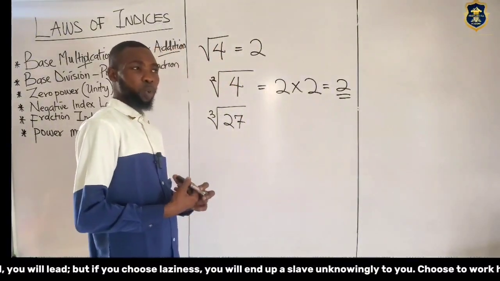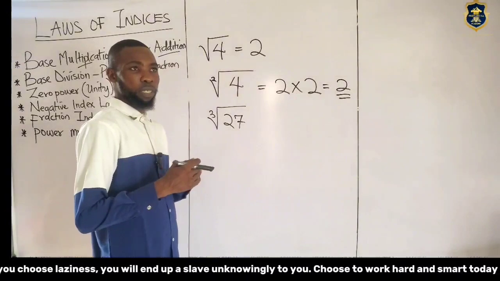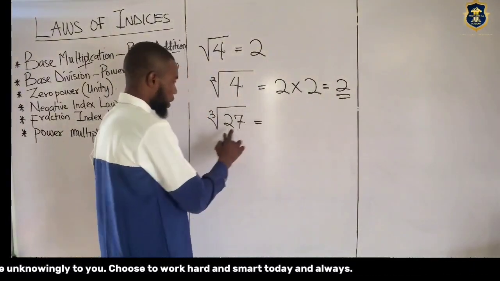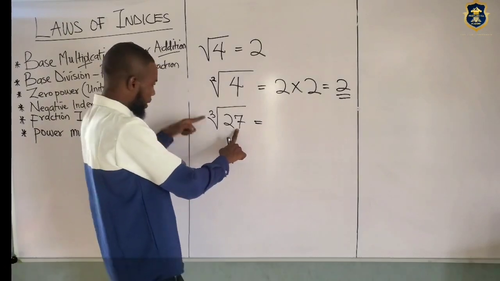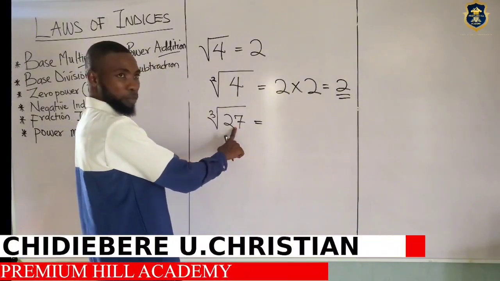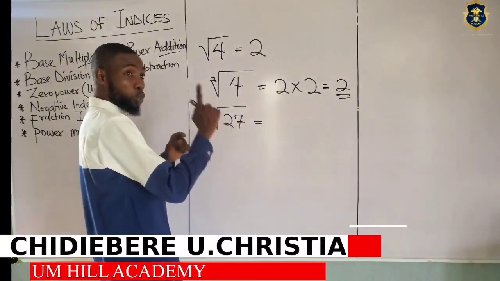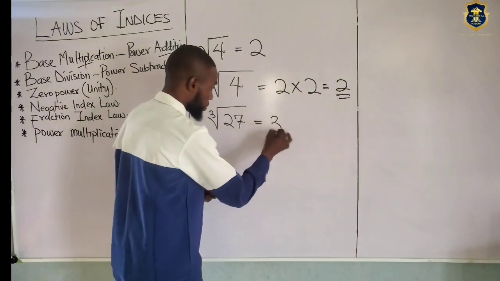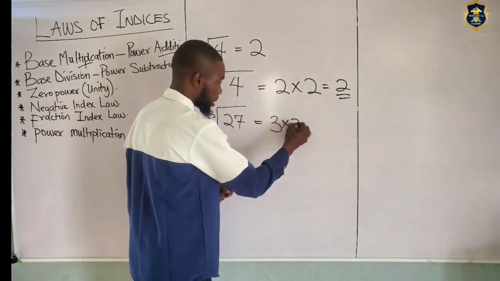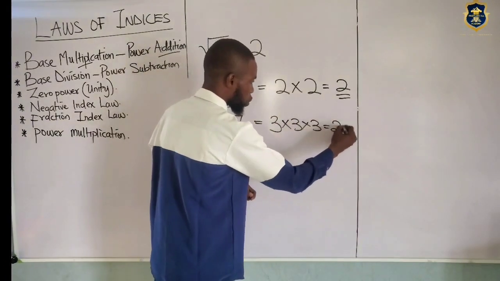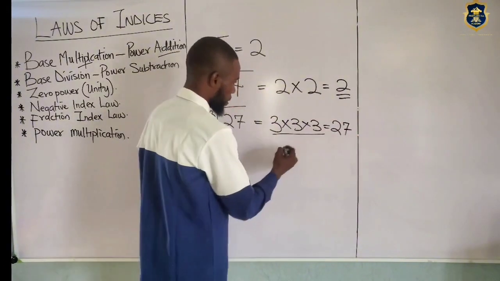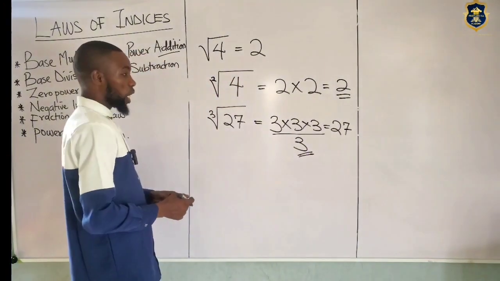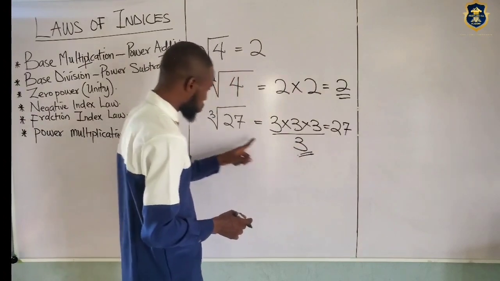One number multiplied 3 times. I believe it's 3, because 3 times 3 times 3 equals 27. So 3 is the cube root of 27. It means if we multiply 3 three times, we will get 27.